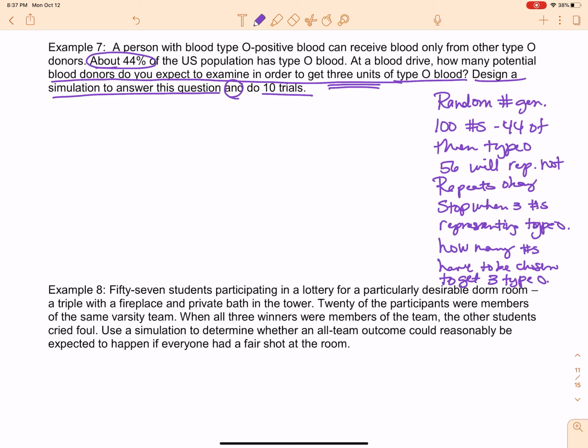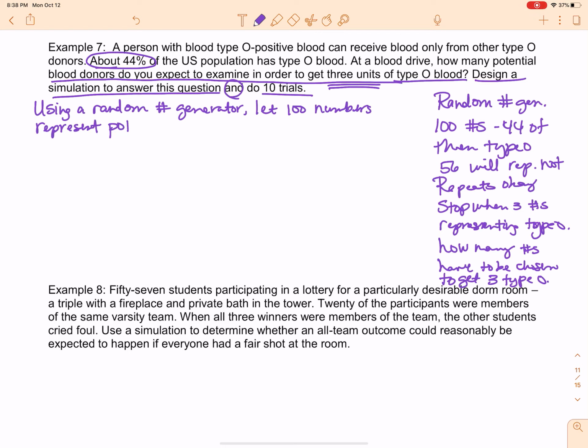I'm going to write out my description. So I'm going to say, using a random number generator, let 100 numbers represent potential blood donors.